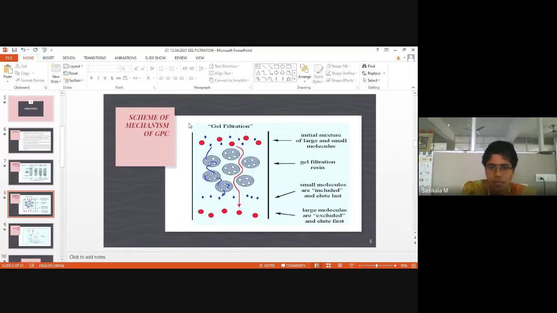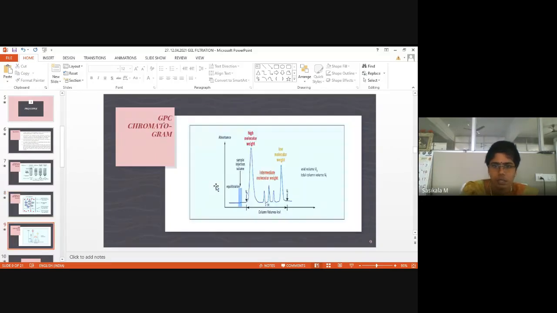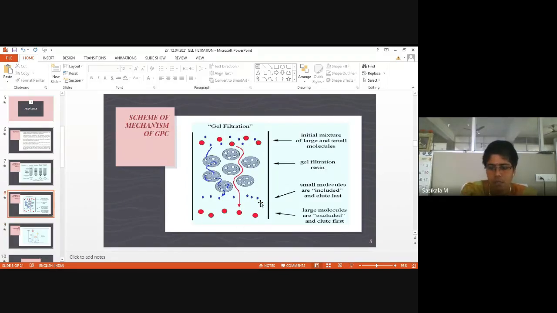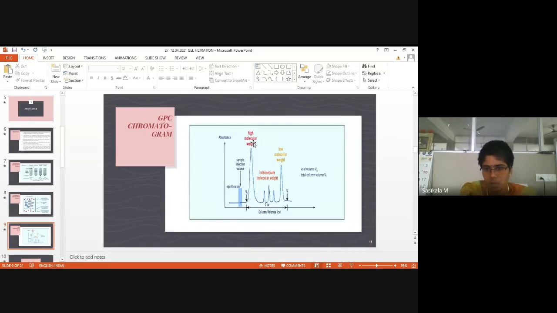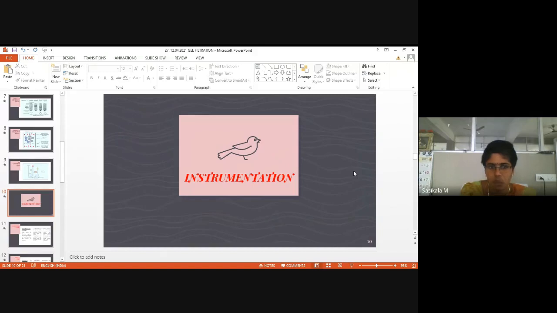It's based on molecular size; particle size is being separated. And the chromatogram obtained from gel permeation chromatography also we have discussed. The high molecular weight molecule which elutes fast will appear, the peak in the chromatogram will appear first, then intermediate compounds, then low molecular weight compounds will appear, giving the signal. Now let's move on to the instrument of gel permeation chromatography.